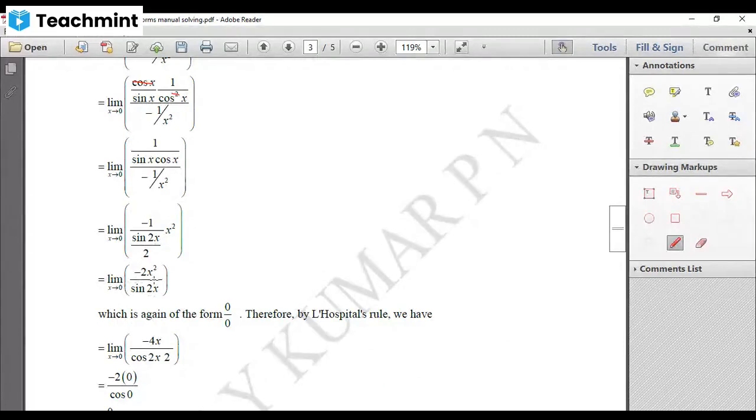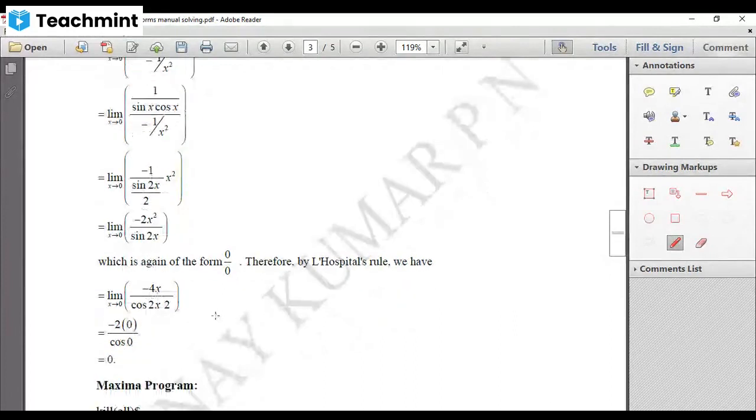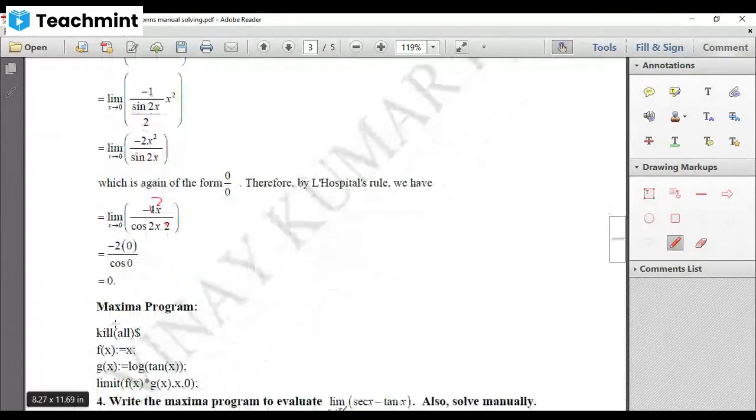Now, if you apply the limit, you'll get 0 by 0 form. So again, apply L'Hopital's rule. By L'Hopital's rule, derivative of x square is 2x. So 2 into minus 2 is minus 4x, and derivative of sin 2x is cos 2x into the derivative of 2x, which is 2. And 2 twos are 4, you will get. Now if you apply the limit, you'll get minus 2 into 0 divided by cos 0. And we know that cos 0 is 1. So you'll get 0 by 1, which is 0. We got the answer.